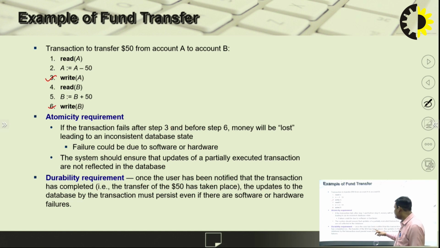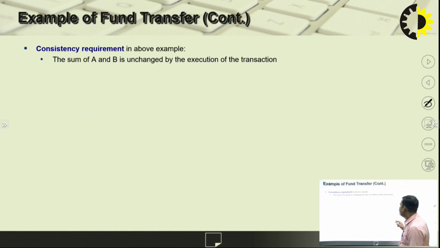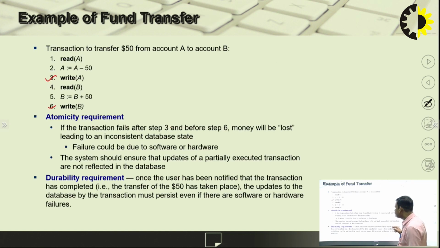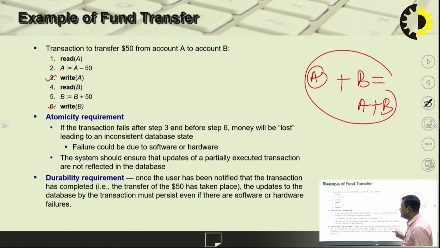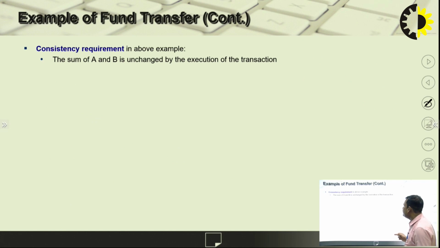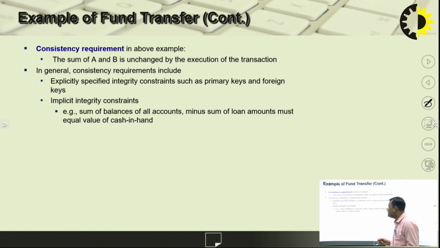And durability means that the sum of account A plus account B after the transaction, A plus B, is the same. Consistency means the database is unchanged by the execution of the transaction: the sum of A plus B before the transaction and after the transaction is equal.